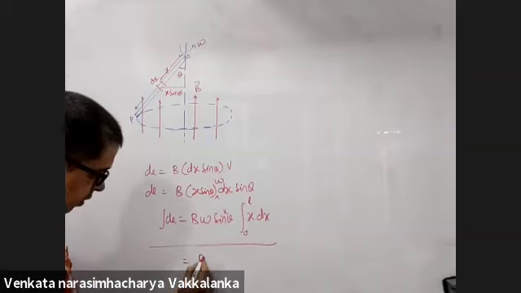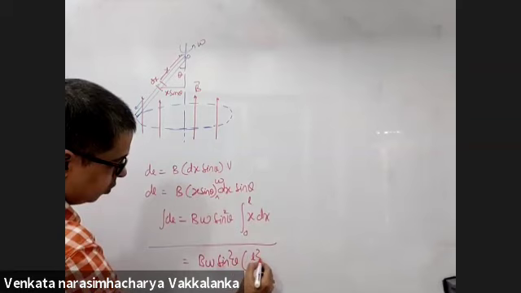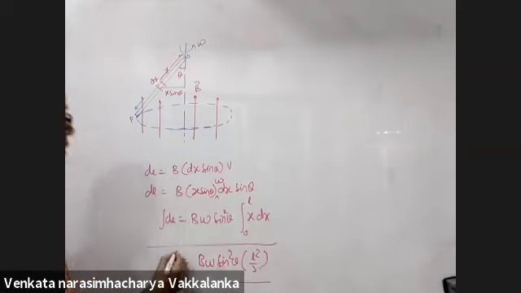Now we get the answer: B omega sine square theta into L square by 2. My bad, radius is x sine theta and not x. Done, sir.